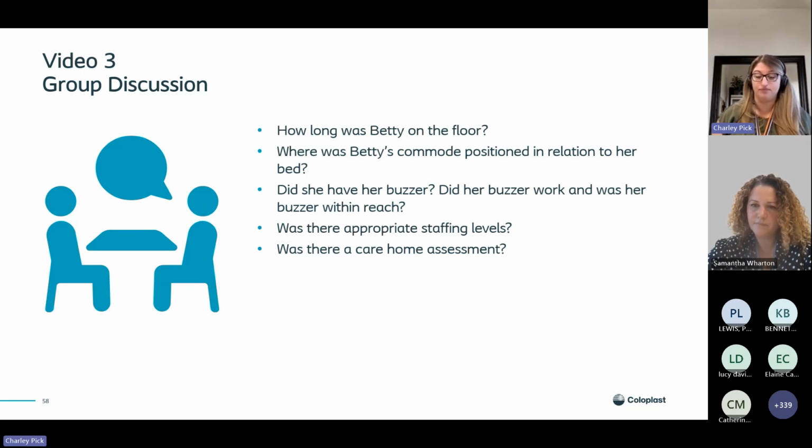Was her frame in a place that she could reach? Had the commode been put where it usually is put, or had it been put somewhere else? Were the brakes on the commode? Actually, she was able to get to the commode, but the brakes hadn't been put on it, and that's why she fell. And we don't know, do we? Because there's nothing documented about any of that, to be able to say where any of it was placed.